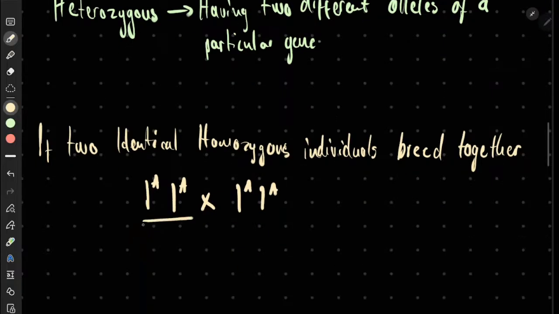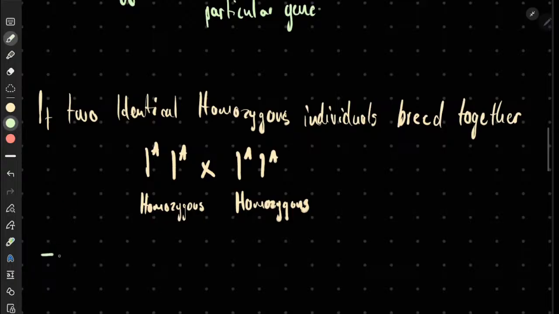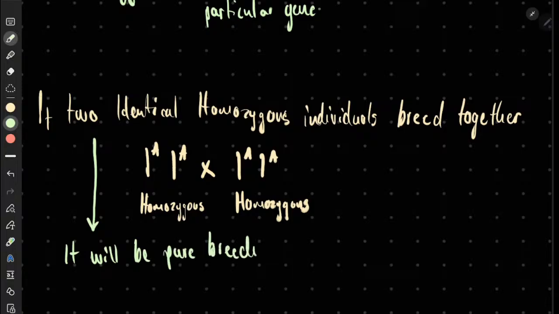Can you see, this is a homozygous individual because the two alleles are the same, and he meets another homozygous individual that has the very same alleles. If they breed together, then it will be pure breeding. So this is what we call pure breeding. You make a pure breed. Are we together, class?